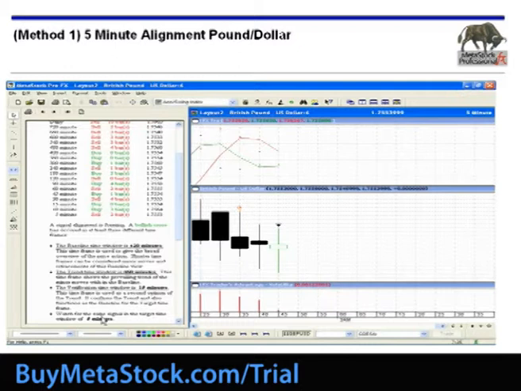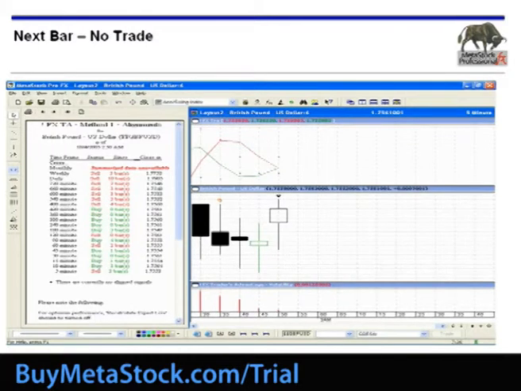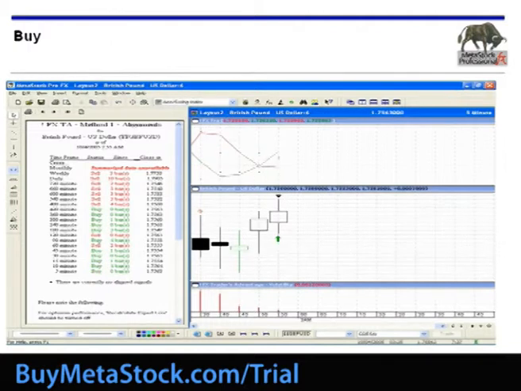Therefore, we have 3 time periods crossing at the same time, and now we need to watch for the same signal in the target time window of 5 minutes. Well, we happen to be on the 5-minute chart. In order to get that trigger, the green line has to cross above the red line, and then we will actually see a buy signal. On the following bar, the lines came very close to crossing, but never actually crossed.